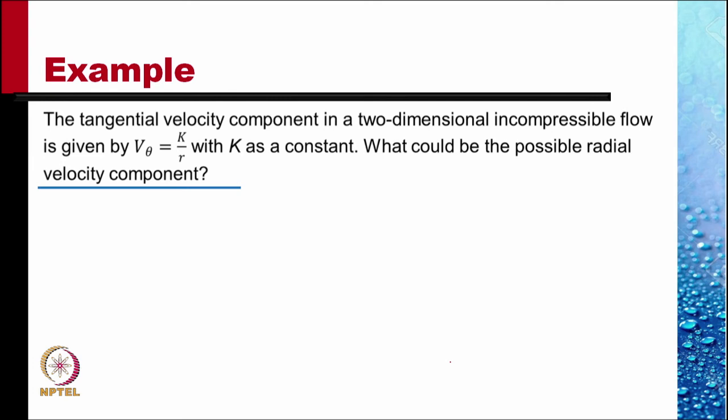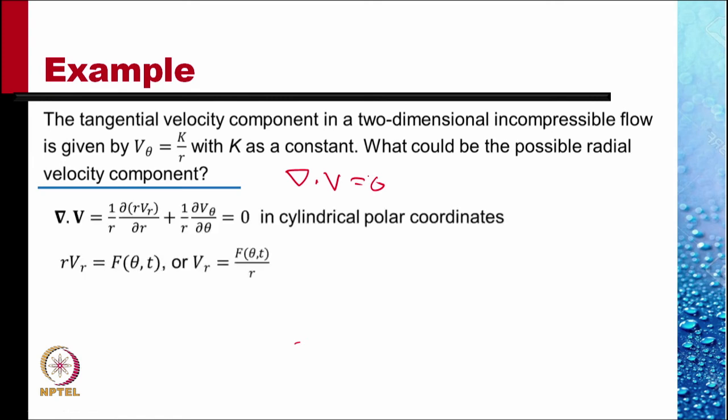So we'll use the form of the equation del dot V in cylindrical polar coordinates, which is 1 by r del over del r of r Vr plus 1 over r del v theta by del theta.